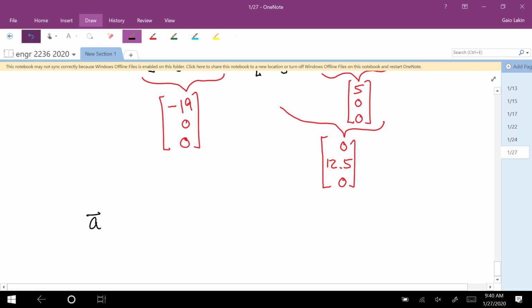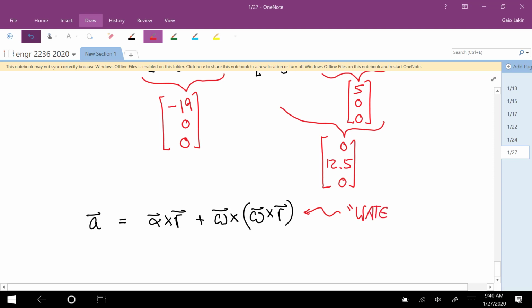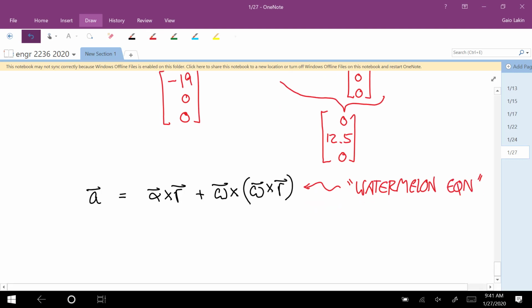So this acceleration equal to alpha cross r plus omega cross quantity omega cross r. I call this the watermelon equation because it helps me remember the order of things.